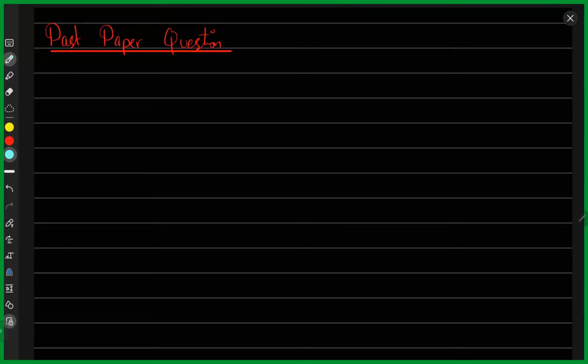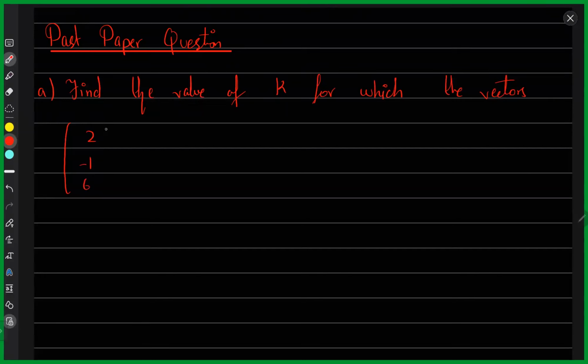Okay. Part A says, find the value of k for which the vectors (2, -1, 6) and (8, -4, k) are parallel.